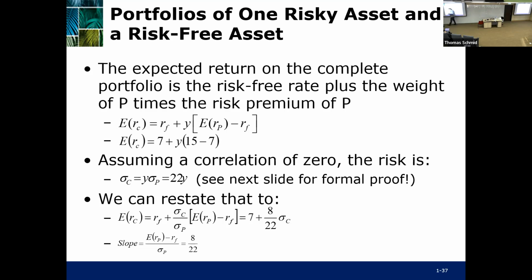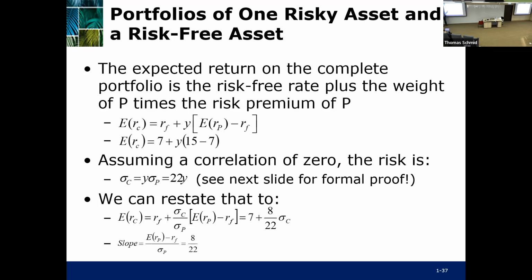The expected return is just the weighted average between the return of the risk-free asset and the return of portfolio P. So it's (1 minus Y) times RF plus Y times E(RP). Always expectations. The way it is written here is exactly the same thing, just a tiny restatement: RF plus Y times (E(RP) minus RF).